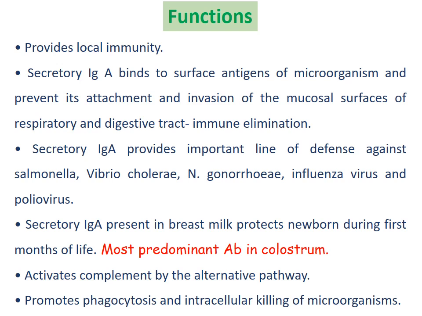Secretory IgA is present in breast milk, which protects the newborn during the first months of life. We all know that colostrum is very important, very healthy for the newborn. We should advise colostrum feeding.